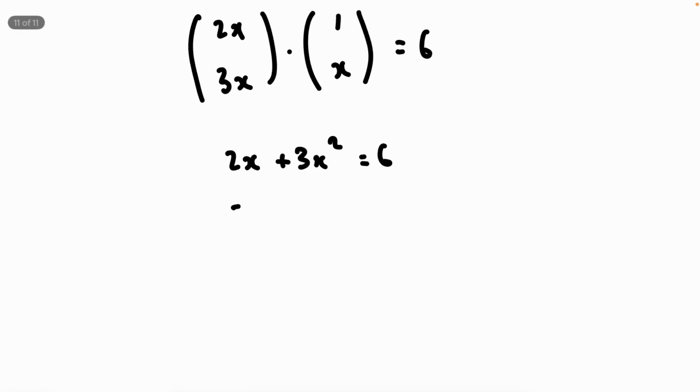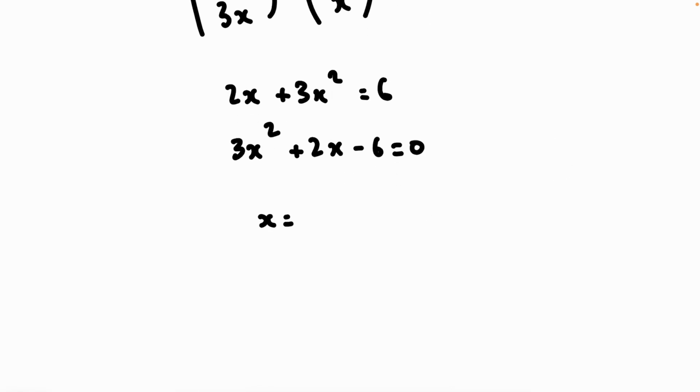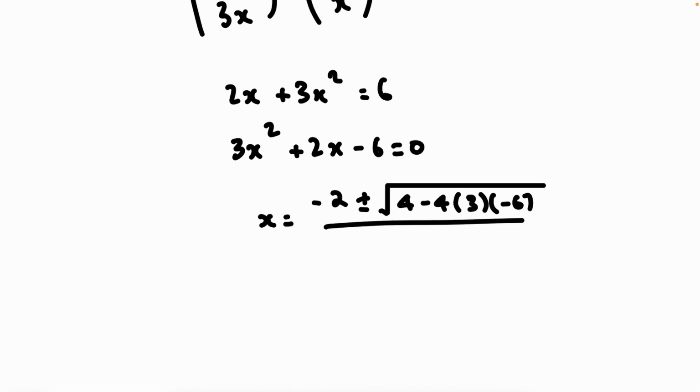If we want to solve for x, we simply have to solve this quadratic: 3x squared plus 2x take 6 is equal to 0. In this case, we need to factor out two numbers that multiply to minus 18 but add to 2, which is a bit tricky, so let's just use the quadratic formula. x is equal to minus 2 plus or minus the square root of 4 minus 4 times 3 times minus 6, all over 6.